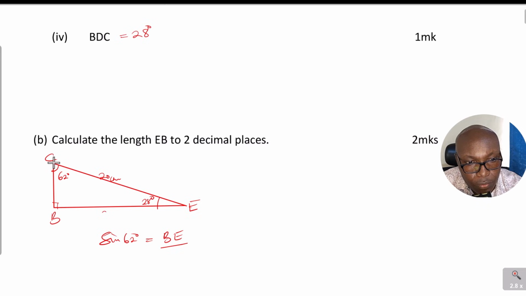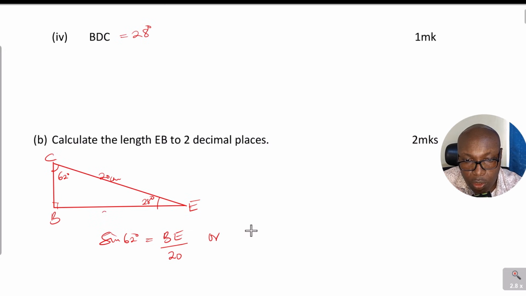So you can also use cosine. Cosine of 28 is equal to adjacent over hypotenuse. So sine of 62 is equal to the opposite side, which is BE, divided by the hypotenuse, which is CE, and that one is 20.